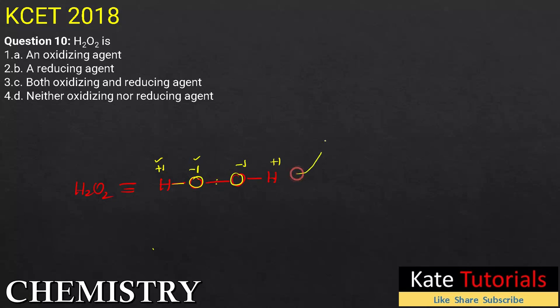However, during a reaction, if O2 is liberated, the oxidation state of O2 is 0. So from -1 there is an increase to 0. An increase in oxidation state, or oxidation number, we call it what? Oxidation, right? Oxygen is oxidizing here, right?